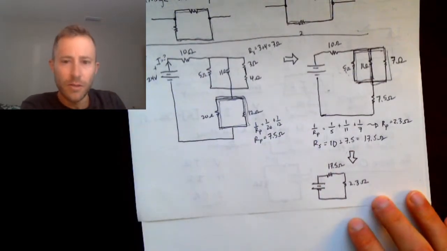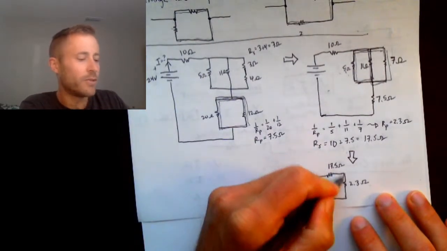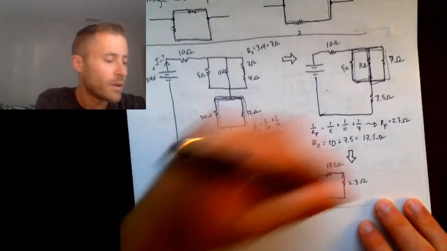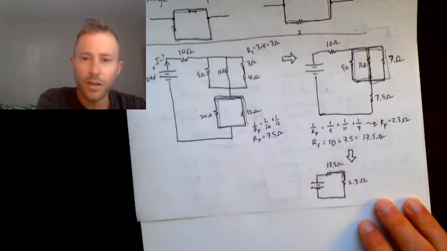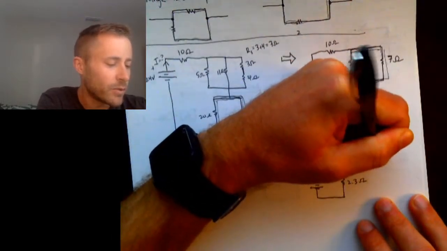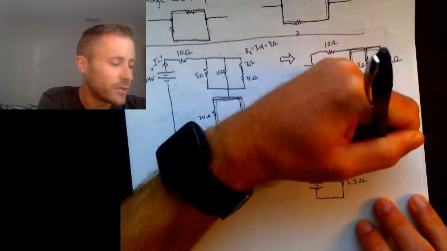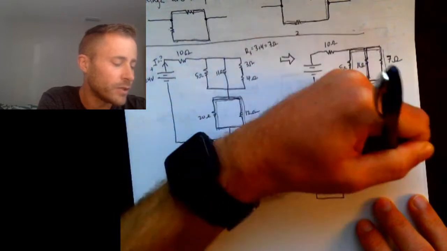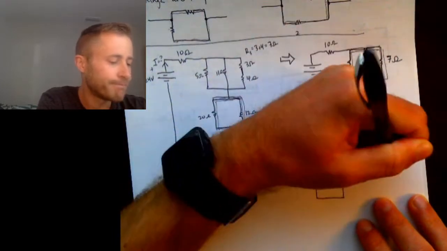Now it is obvious that 17.5 and 2.3 are in series because they're connected by this wire that has no forks. So R sub S is 17.5 plus 2.3, which is 19.8.